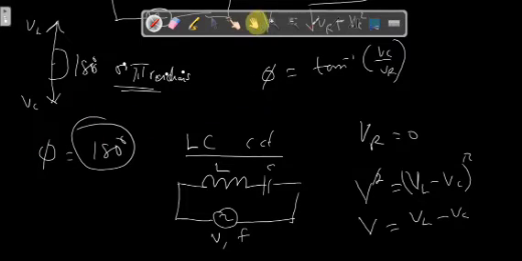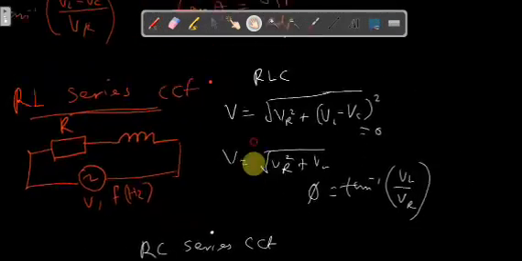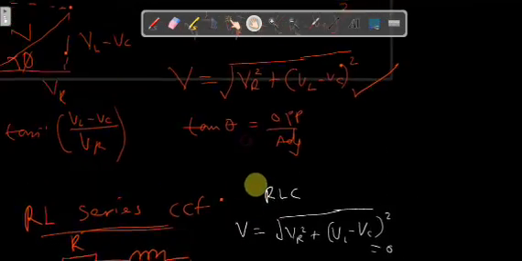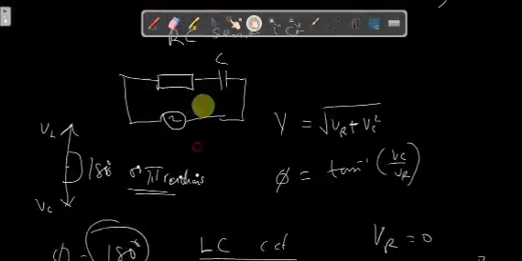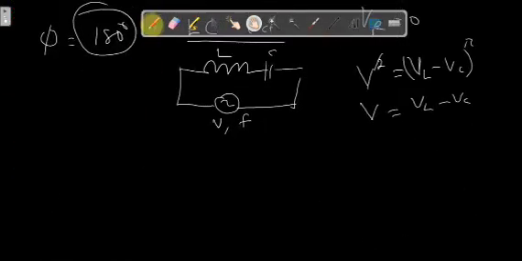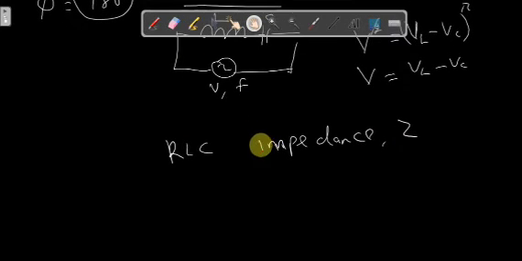Now the next thing I have to look at, we can also use this circuit to derive the impedance of the circuit, instead of using the voltages. So to get the impedance, I'll go back to the RLC circuit. So the impedance Z. I will not go into trying to prove how we got the impedance.